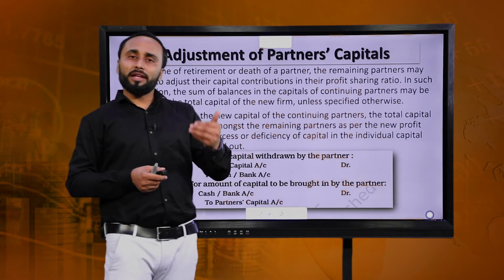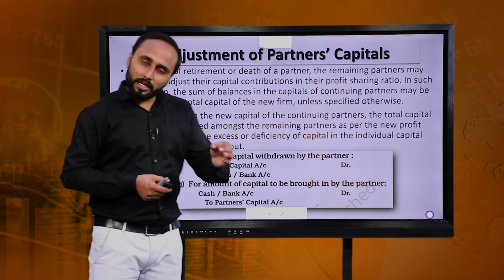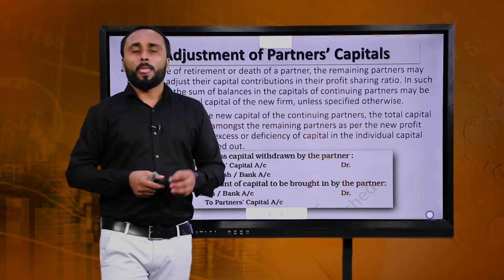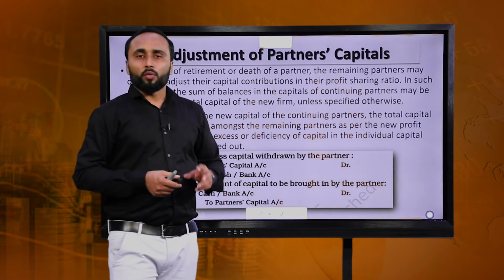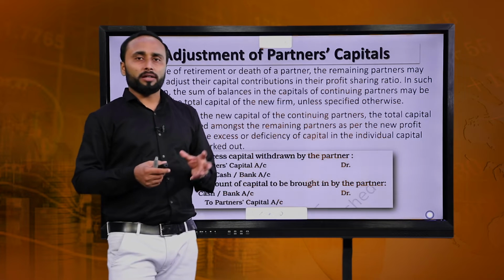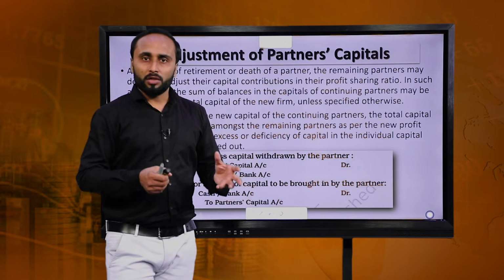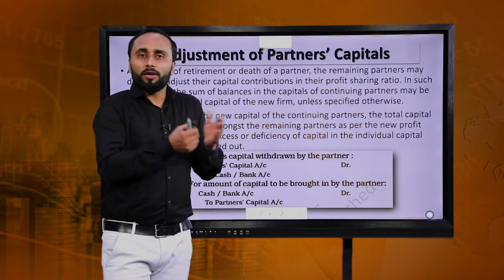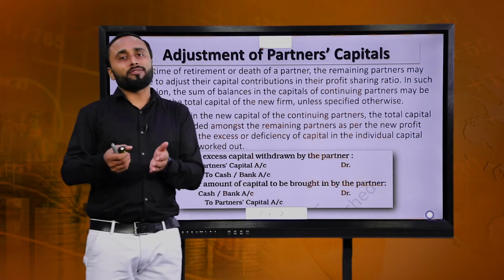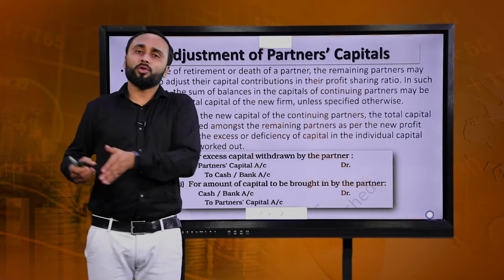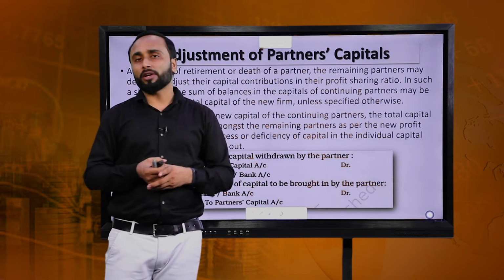Right? So whenever there is an adjustment in the capital, usually one or more of the partners will have to bring some extra cash to increase their capital in the new firm, while others might have to take some cash back with them to reduce their capital as per the new agreement. Right?